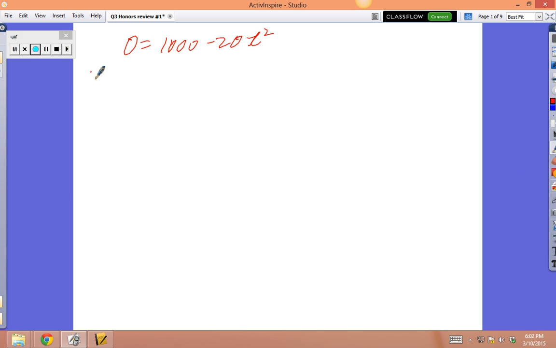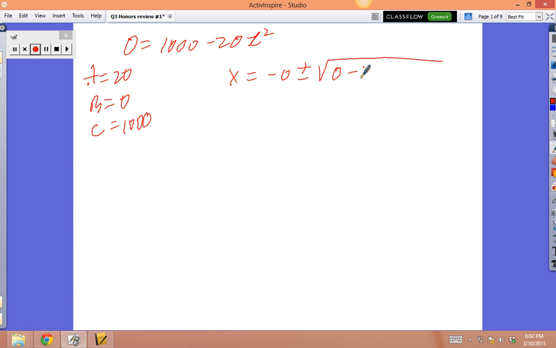So my value of A is 20, B, there's not one, is 0, C is 1,000. So here we go, x equals negative b, plus or minus the square root of b squared, that's just 0, minus 4 times a times c, all over 2a.